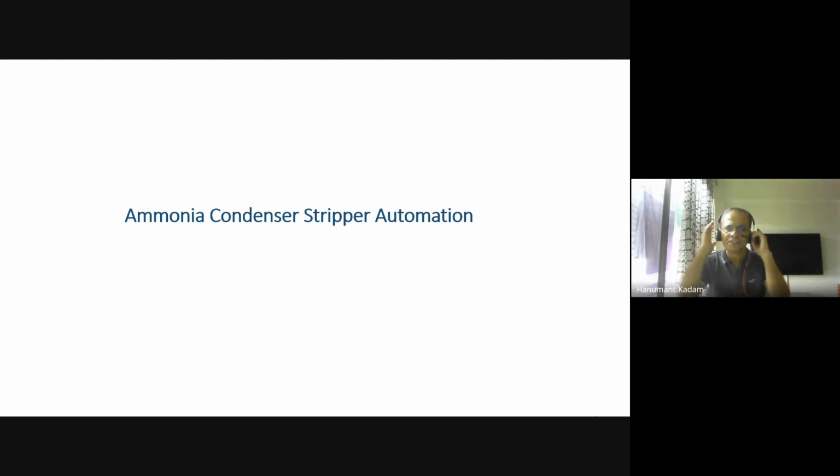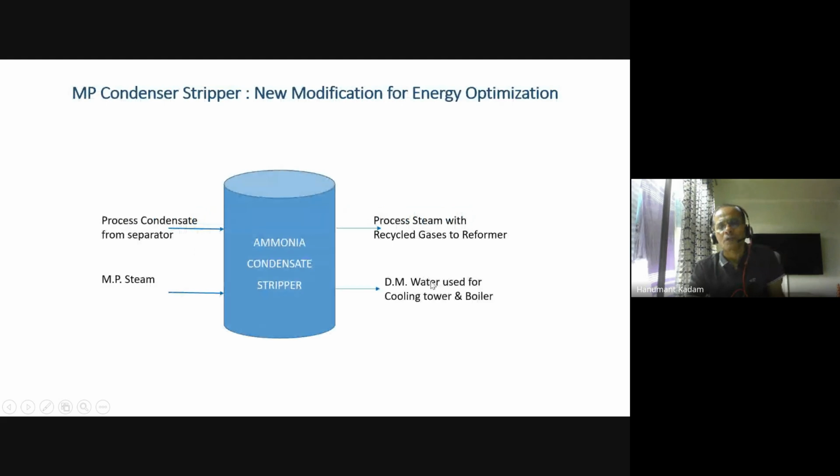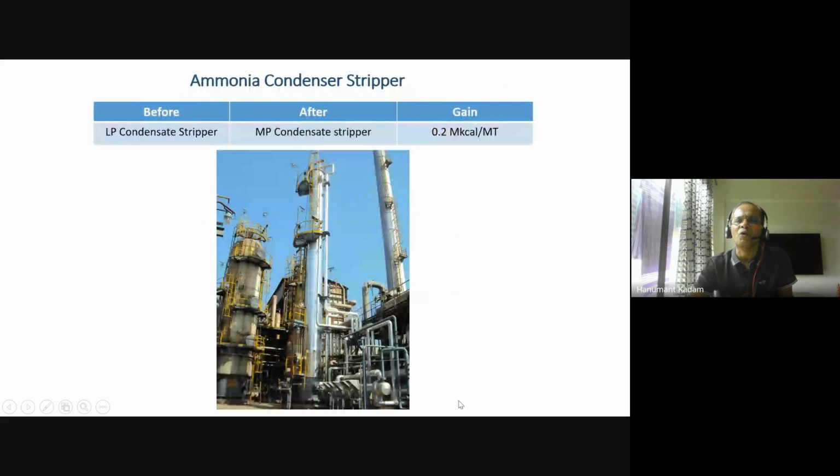So yesterday we discussed a little bit about Honeywell architecture and what are the main hardware components in Experion architecture. Today we'll see furthermore how it is implemented in the plant. So we are talking about RCF example, ammonia condenser stripper automation, where condenser is there, and from there energy saving is more here.